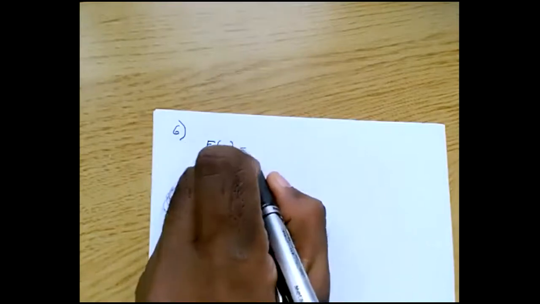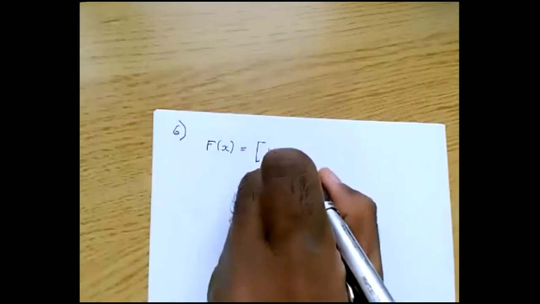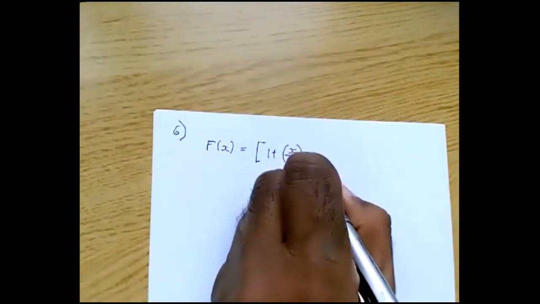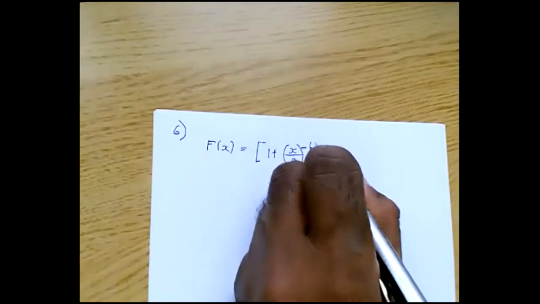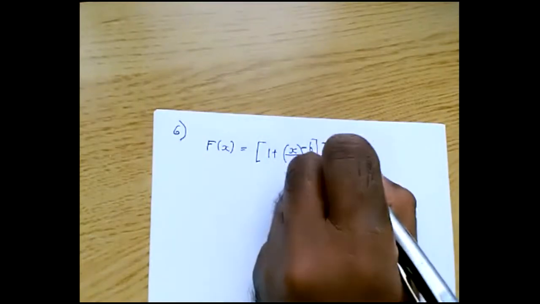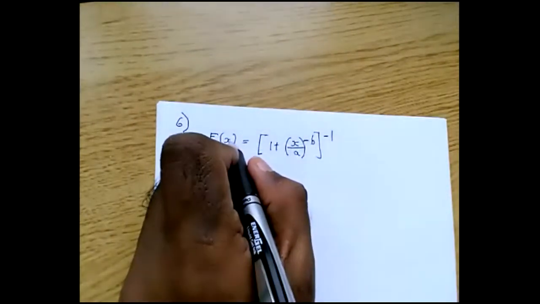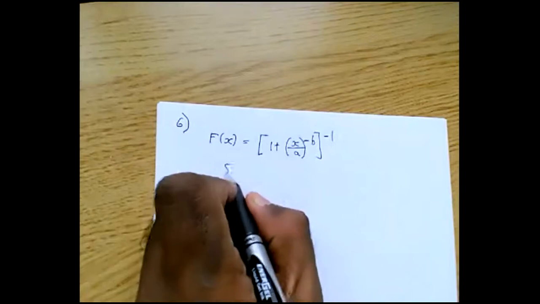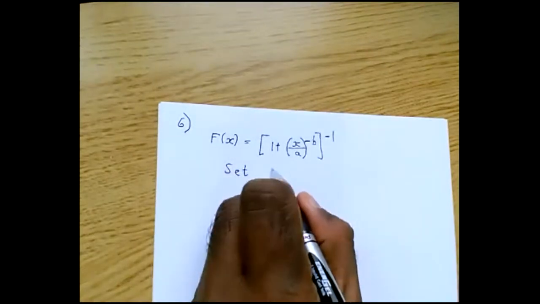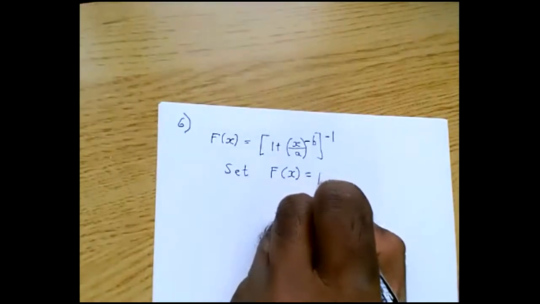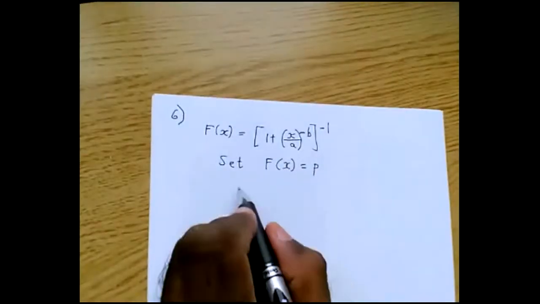So question 6, the CDF is, all right. This is the CDF, and so to find VaR, you set F(x) equal to p, right?